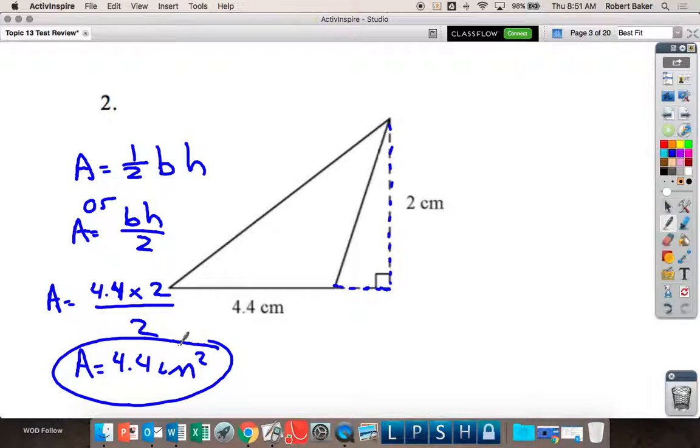That's the area of that triangle. Scared of that one? Not really. Just make sure that we're using the correct height. We don't want to include this little piece right here as the base because it's not part of the triangle.